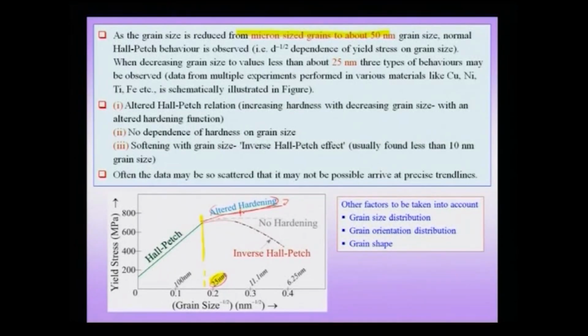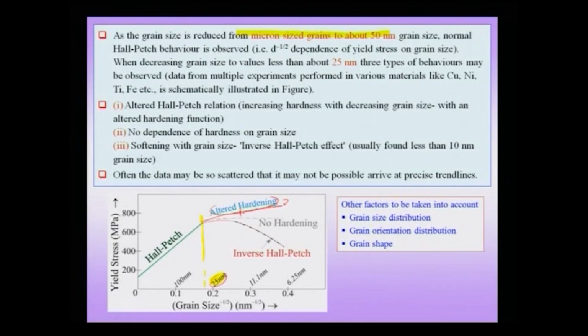And again, to point out the difficulty associated with nanoscale materials, it is very difficult to obtain monodispersed grain sizes. We not only want monodispersed grain sizes, we also do not want grains with very high aspect ratio. We want more equiaxed grains, so that our results are interpretable. Getting such specimens is very difficult, and therefore there is a large scatter in data.